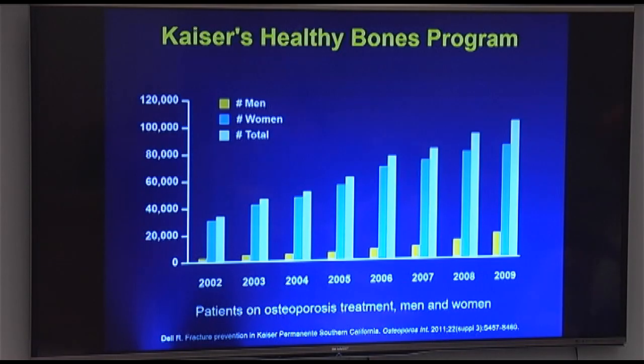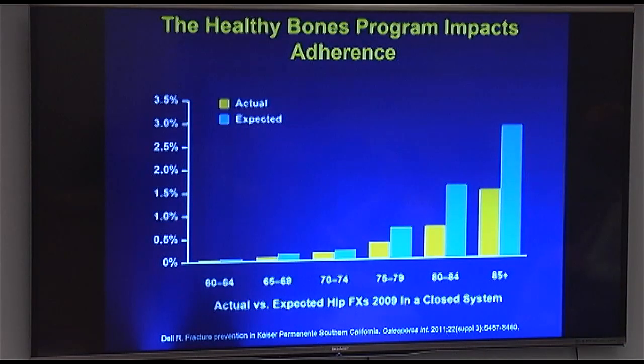This is the percentage of individuals on osteoporosis treatment over the years. The men are in yellow, the women are in blue, and the total is in the light blue. And you can see the enormous increase in the use of pharmacological treatment over this period of time of the initial FLS.